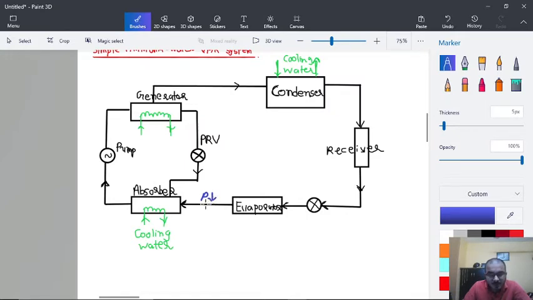P downward arrow means low pressure ammonia vapor. Then here we have P high, that is high pressure ammonia vapor.